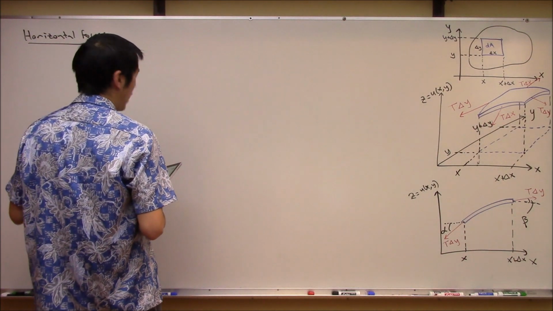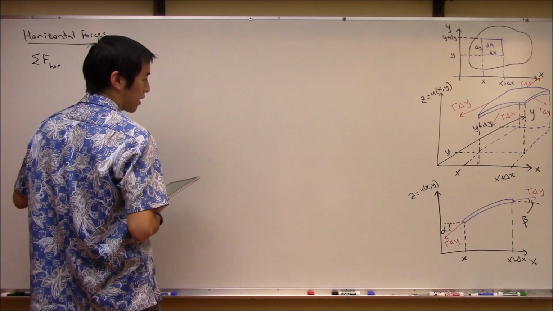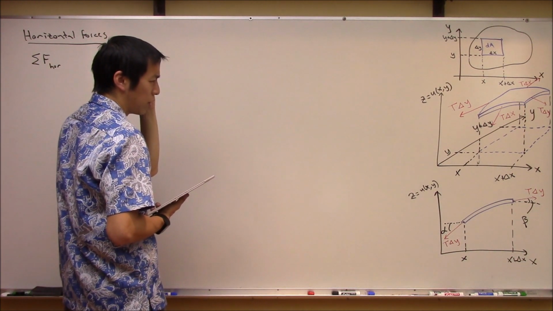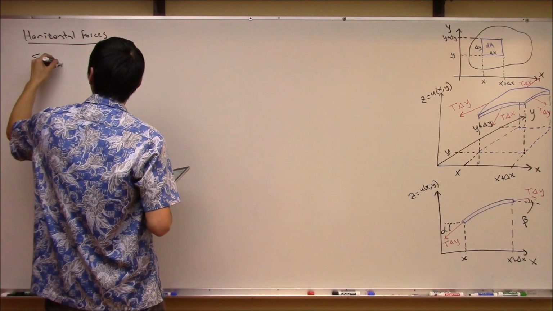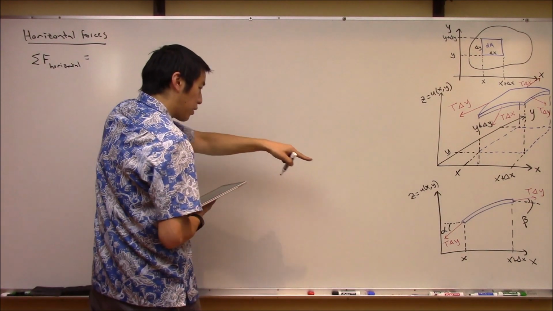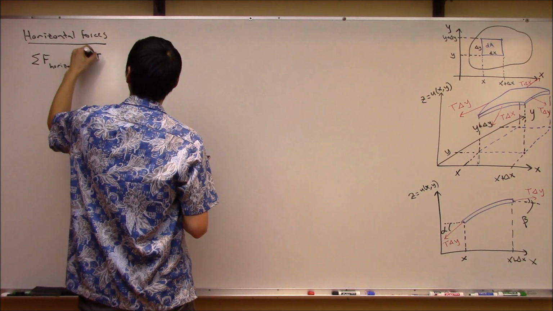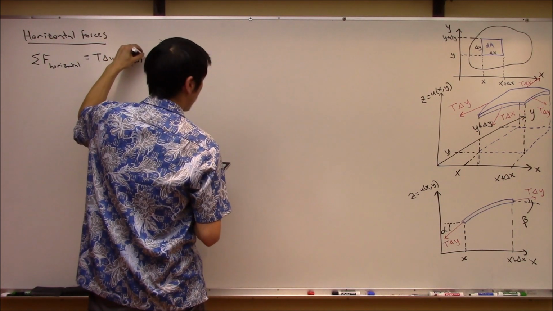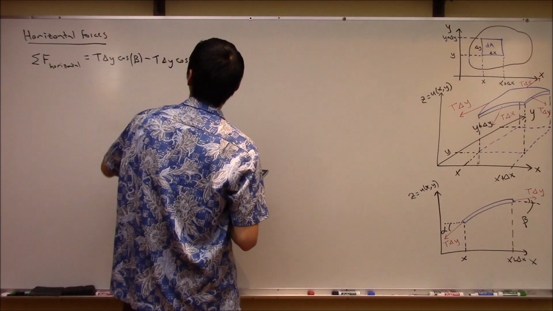So we basically have the sum of the forces in the horizontal. In this picture down at the bottom, we basically have something like T delta Y times cosine of beta, minus T delta Y cosine of alpha, right?